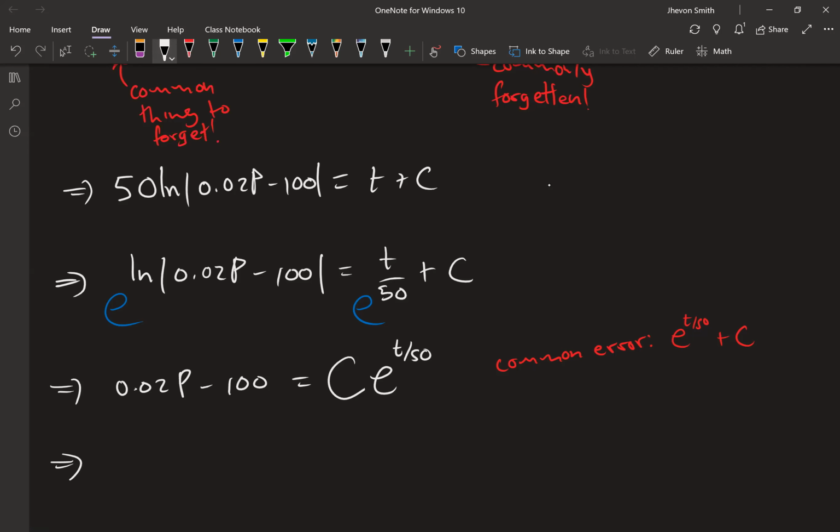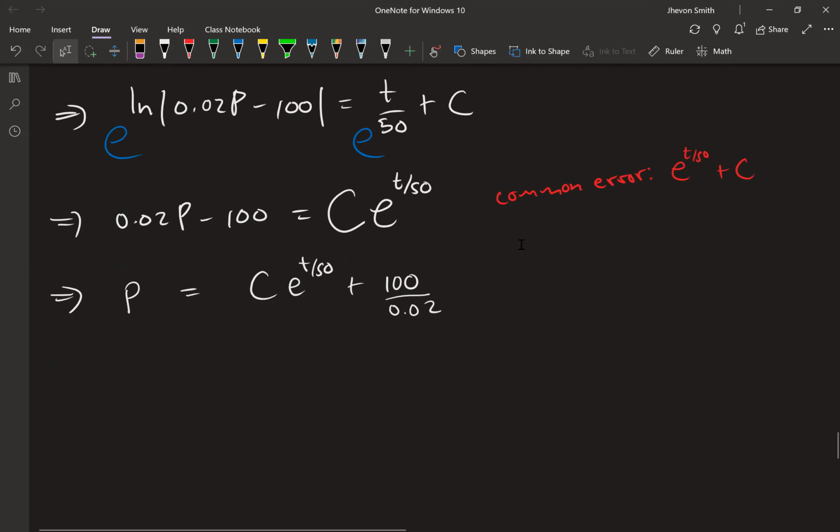And at this point, it's relatively simple algebra to solve for the p. I would just add 100 to both sides, and then divide both sides by 0.02. And I think that can simplify. Is that going to be a half?